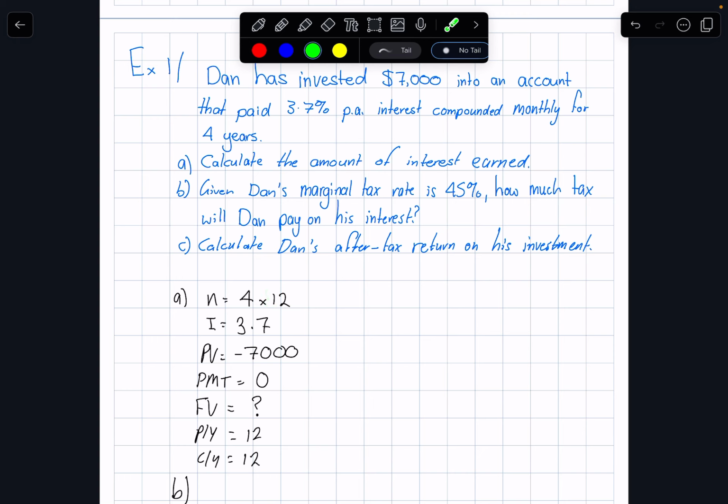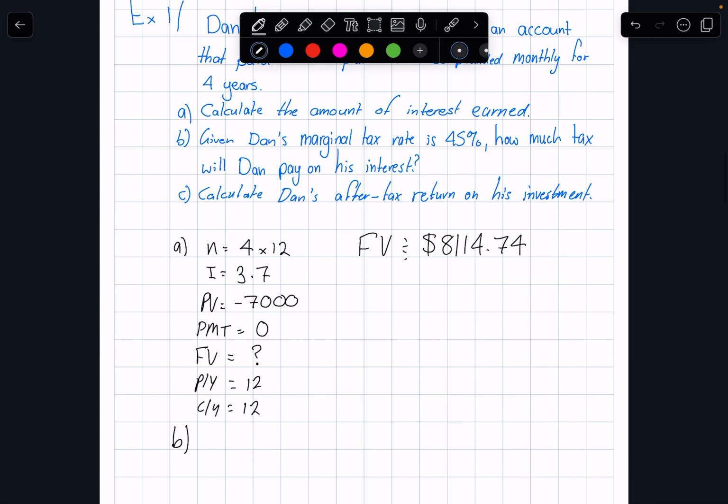So I put all of that into my calculator: 4 times 12, 3.7, negative 7,000, 0 PMT, 0 future value, and 12 PYCY. We figure out that our future value ends up being approximately $8,114.74.